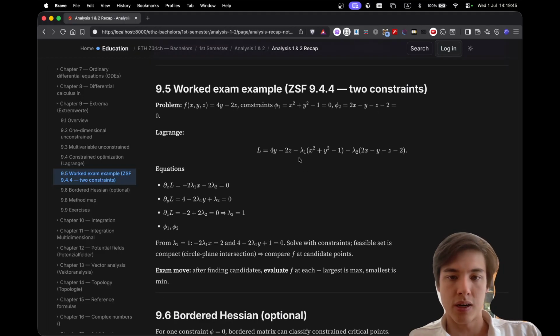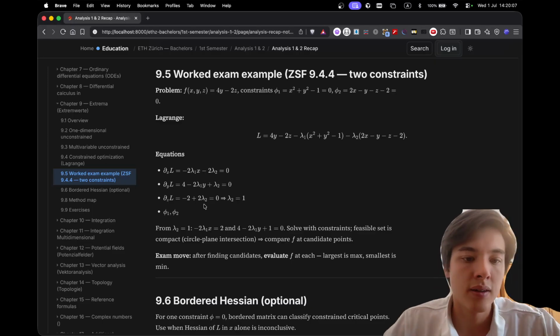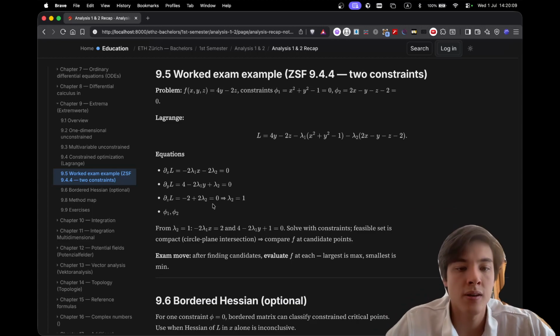So I can build the Lagrangian minus lambda of this, minus lambda of that. And then we do derivative with respect to x, with respect to y, and z. Then yeah, we can figure out what the lambdas are.